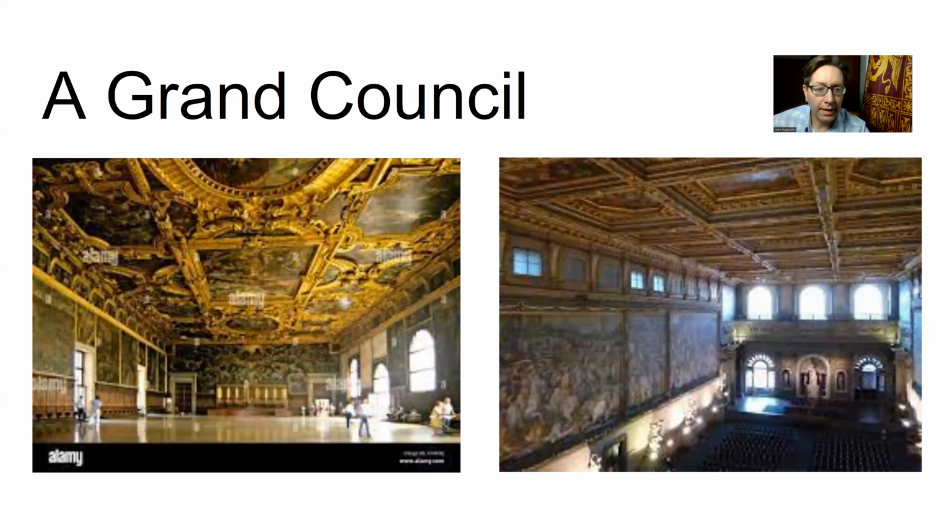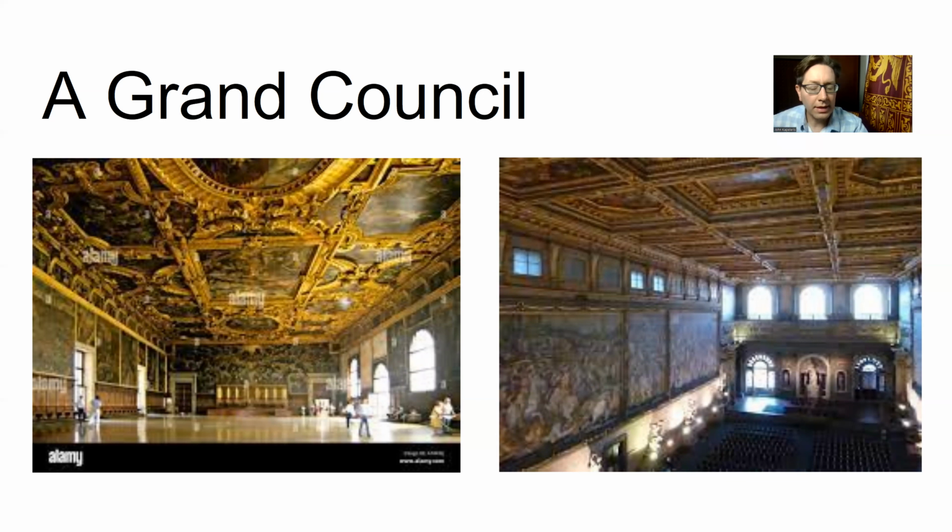We have on the left the Grand Council Chamber in Venice, and it was supposed to be big enough to house about 3,000 people. At least that's how many members they had, but usually it was about 1,000 to 1,500.